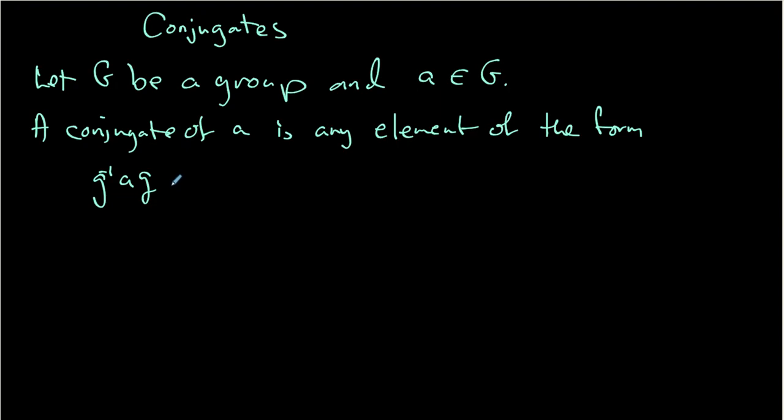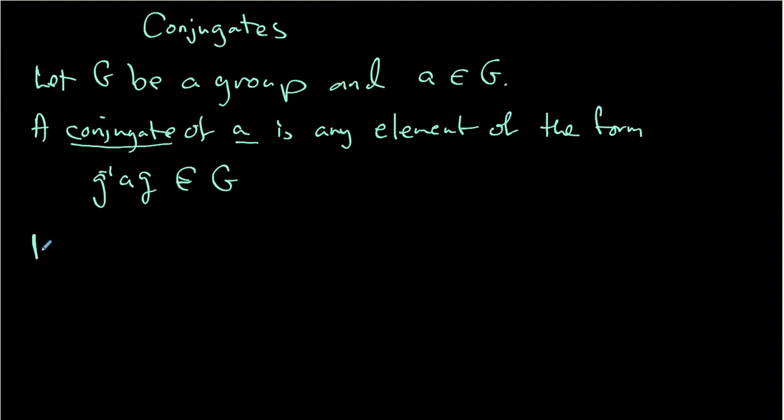And it's worth noting that this has to belong to the group G. So that's all a conjugate is: you take an element and you multiply it by some element G on one side and by G inverse on the other side.